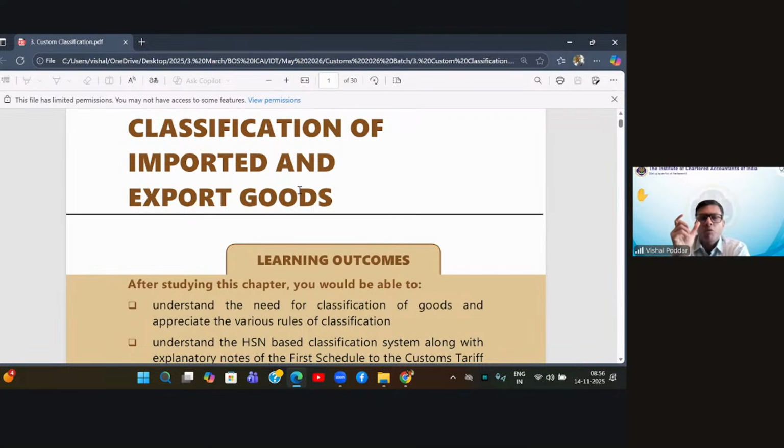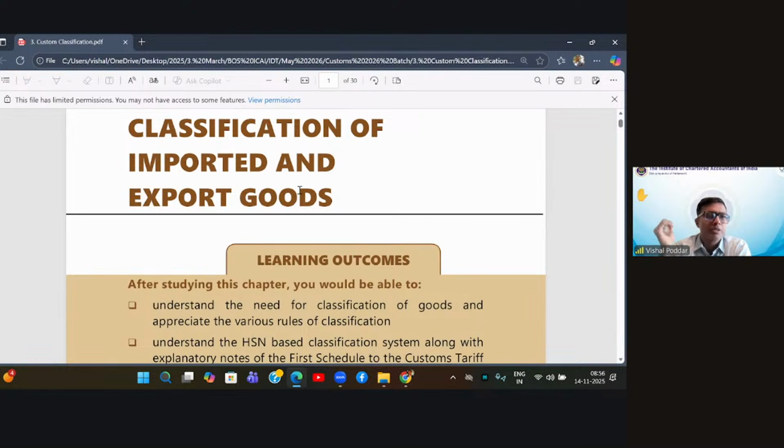But how do I find out my goods are fitting in which chapter, in which HSN code? This is the challenge created because of using the standardized names, that is the Harmonized System of Nomenclature.